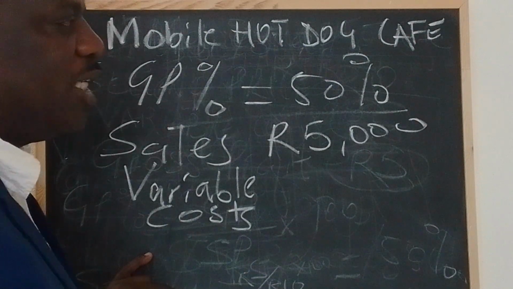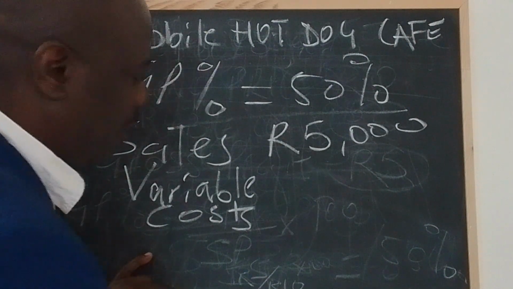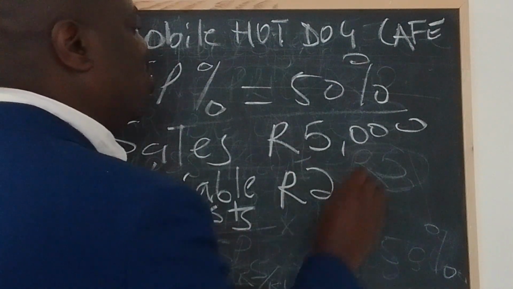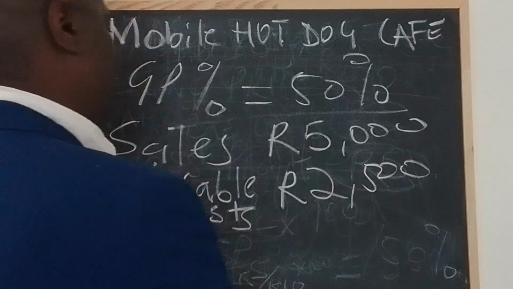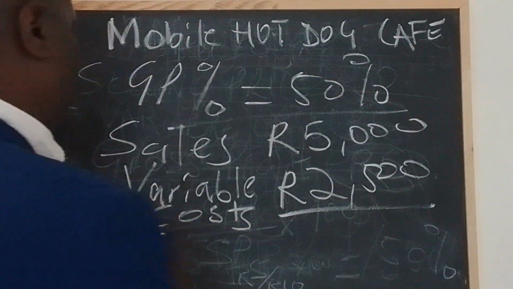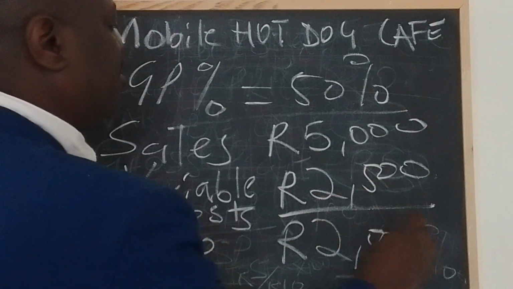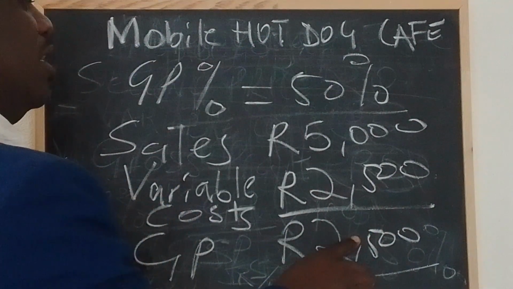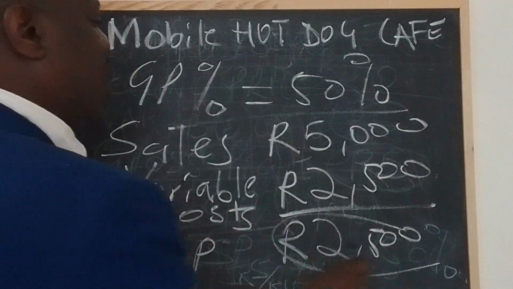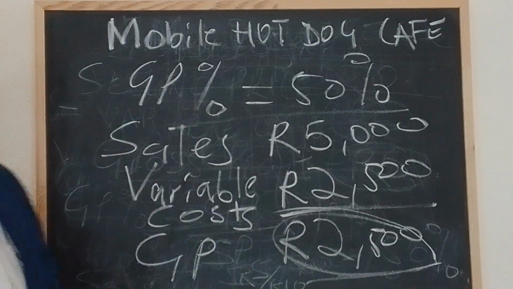So it will be 5 multiplied by 500 units. 500 hot dogs, it will come to 2,500. Can you see that? And then what is your gross profit? Your gross profit is 2,500. Now, if you give me a 50% discount, you give away all your gross profit.